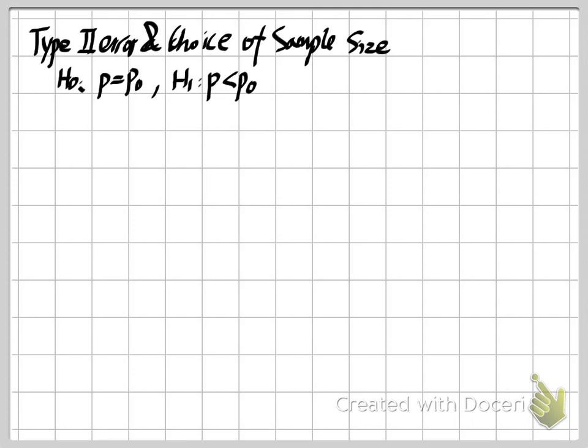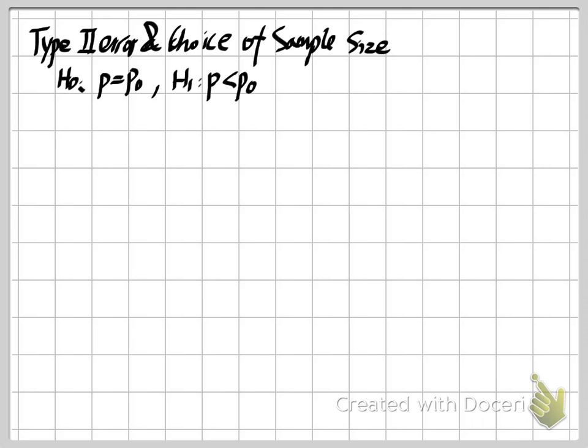Type 2 error is if our H0, the null hypothesis, is not correct, but we still accept it. So in this case, it means our P is not equal to P0, but we still think it is true.